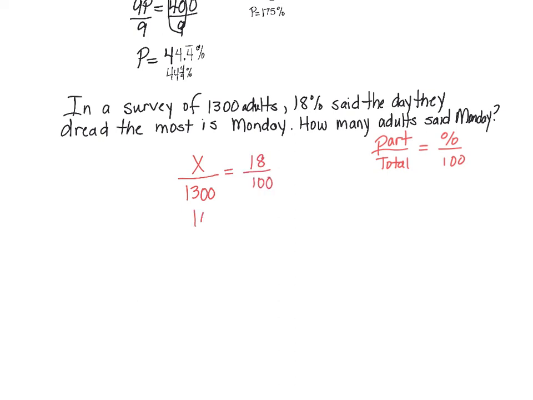You get 100x equals, what's 1,300 times 18? Jared? 23,400. Divide by 100. And you get x equals 234 people, which I highly doubt.